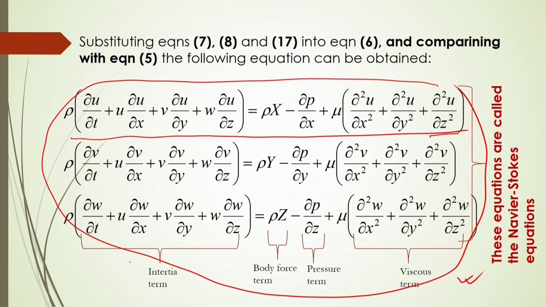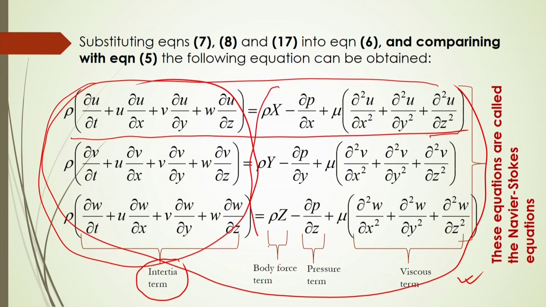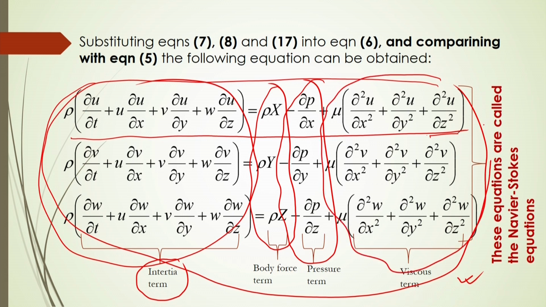This part is called the inertia term, this part is called the body force term, this is called the pressure term, and these are called the viscous terms. So this Navier-Stokes equation has a total of 4 terms: inertia, body force, pressure force and the viscous forces.